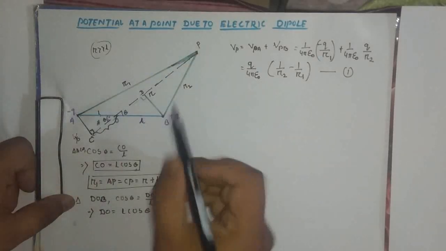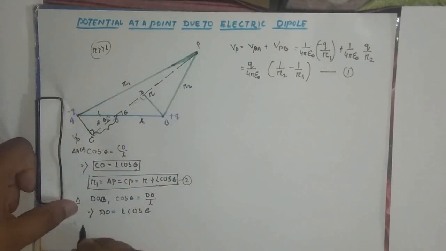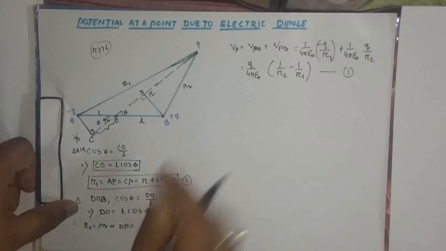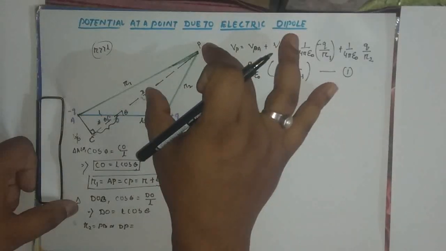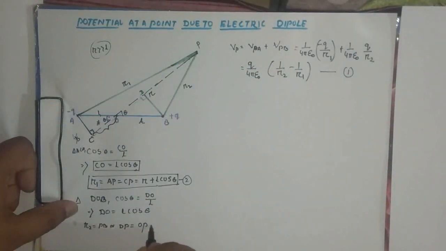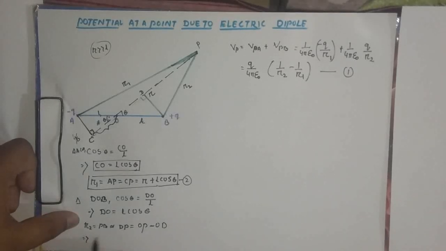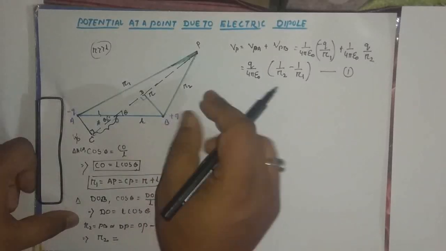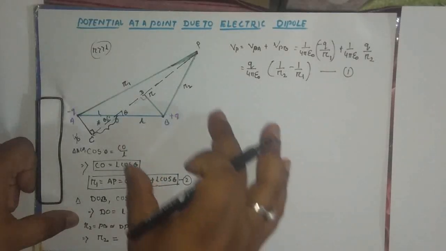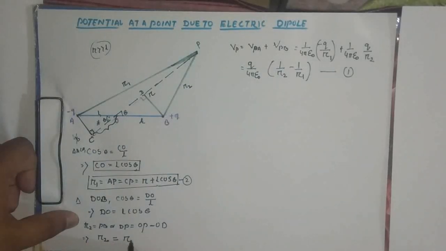Now from the figure, R2 is PB, which is nearly equal to DP. So what is DP? OP minus OD. I can write R2 equals OP. What is OP? R. Minus OD. What is OD here? L cos theta.